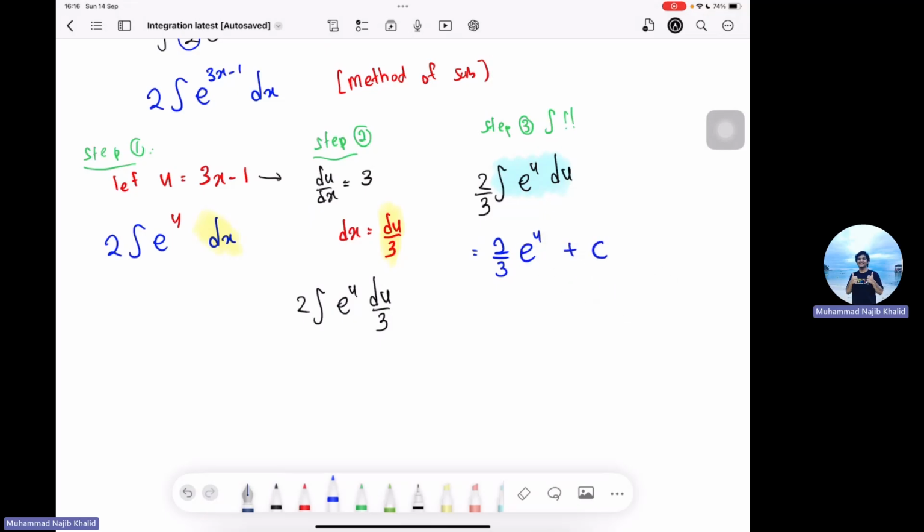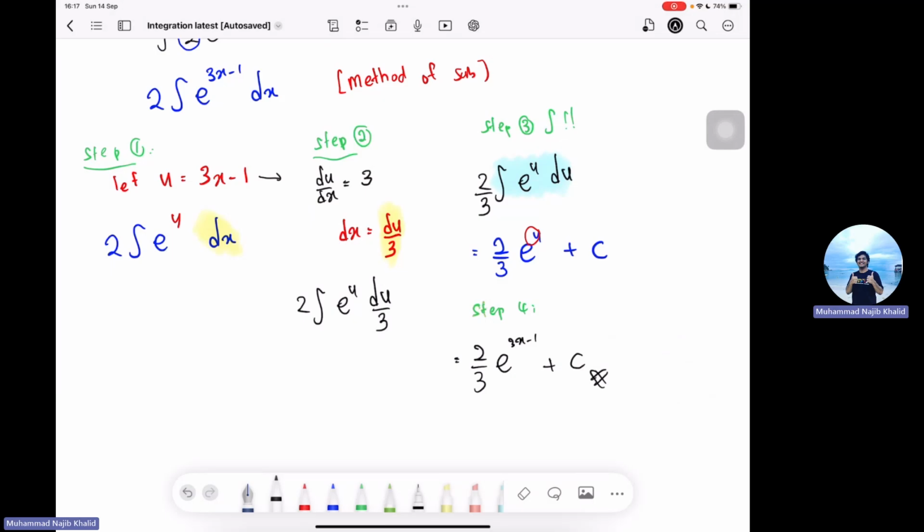Lastly, remember to put back your u. Step number 4, the last one. In the answer we replace u with 3x minus 1, giving us 2 over 3 e to the power of 3x minus 1, plus the constant c. Done, finished.